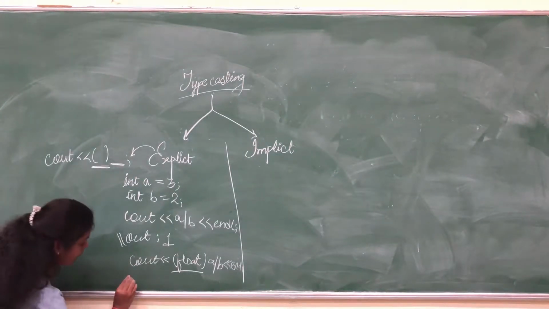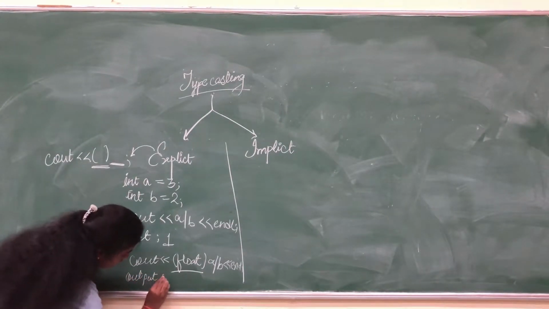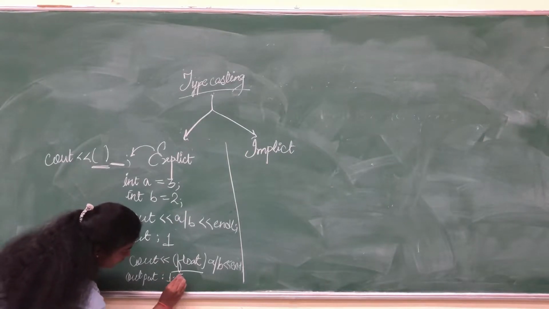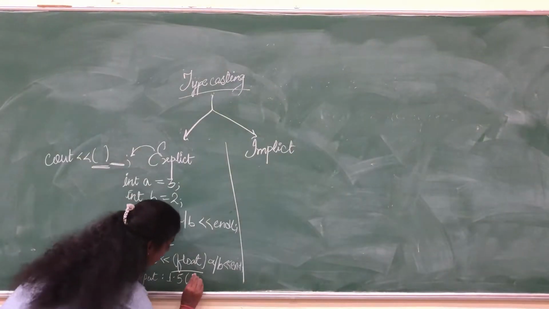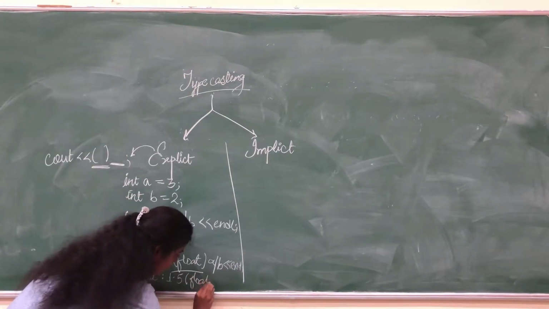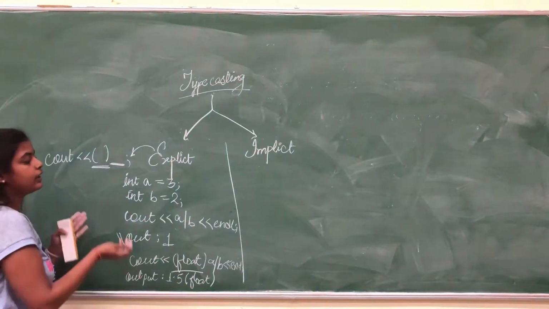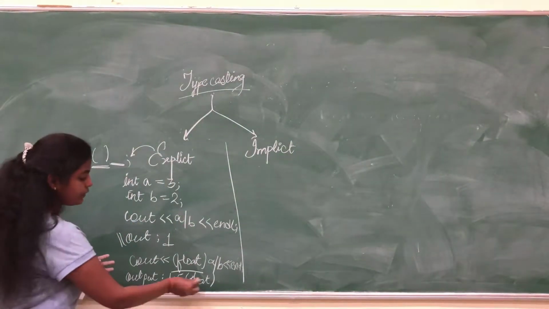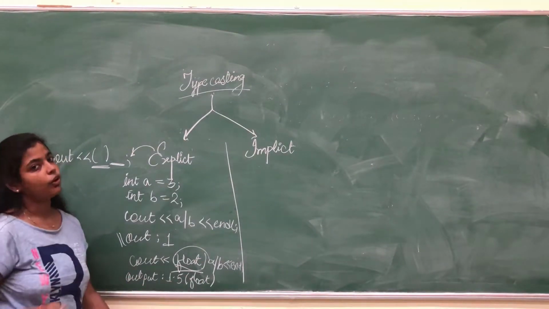So the output will be 1.5, a float value. So this is how explicit typecasting works. Here the user defines its own data type and then the output comes accordingly.